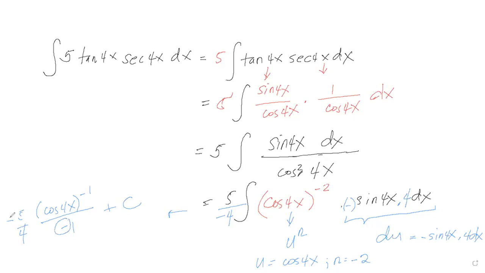This takes care of themselves. So you have 5 over 4. I can write this as 1 over cosine of 4x plus c. But what is 1 over cosine of 4x? Final answer would be 5 over 4 secant of 4x plus c.